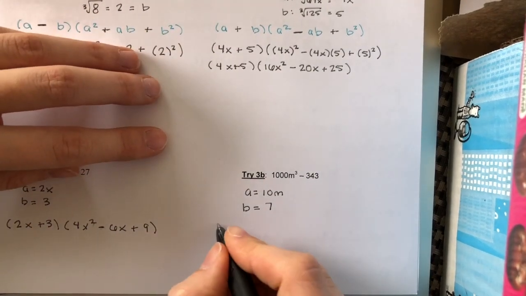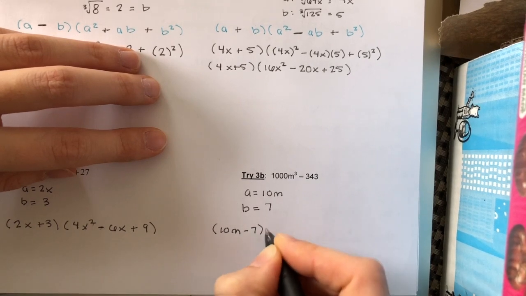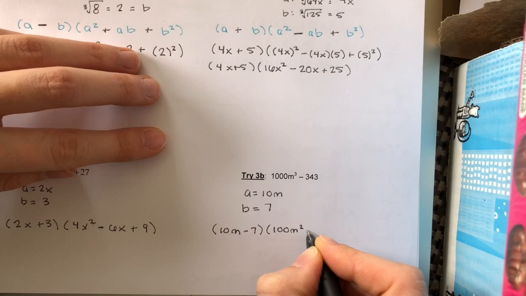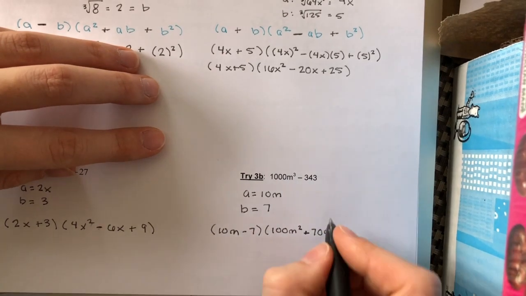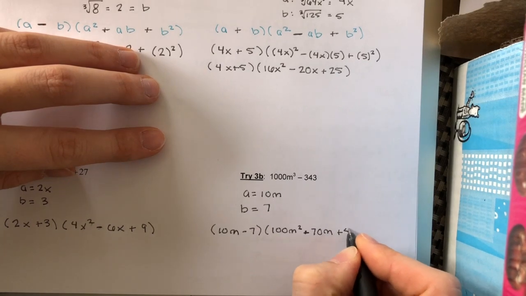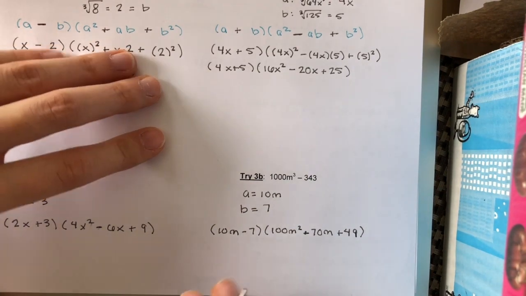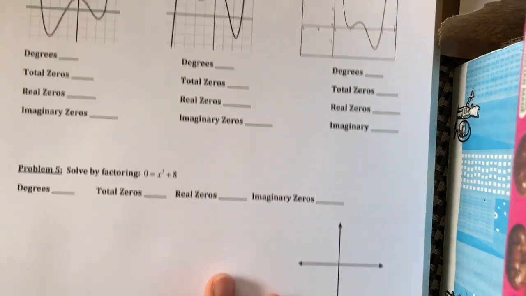So that means my formula should be 10m minus 7, 100m squared plus 70m, and plus 49. Check yourself, and if I made a mistake, let me know. It's possible. Okay, so let's move on to a little review.